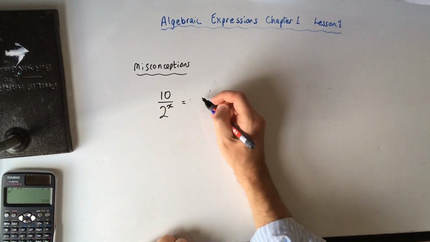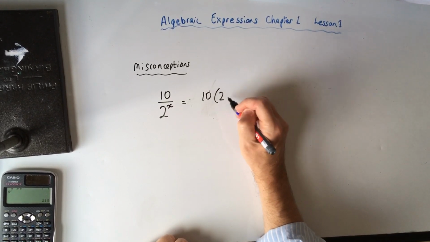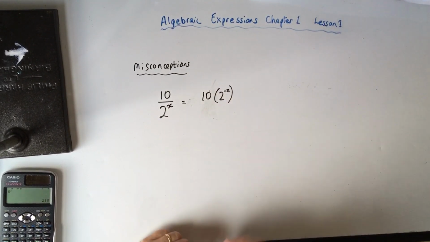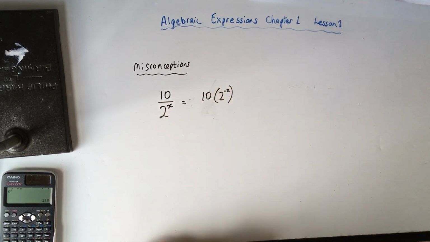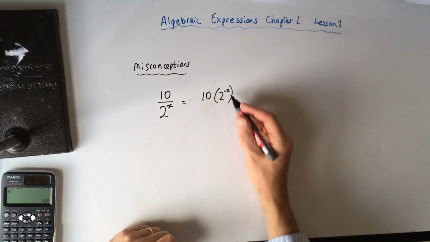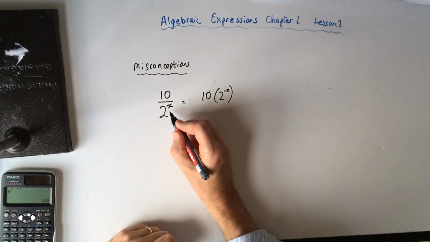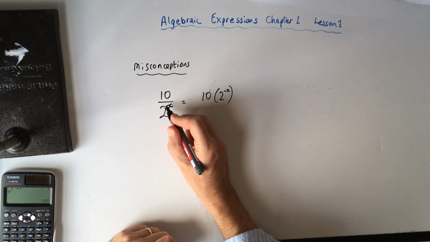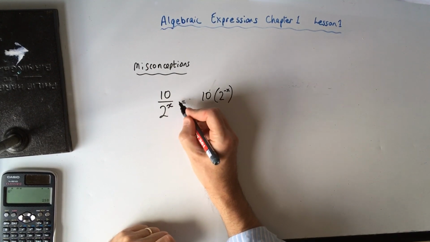You can move it up if you want, but then you'd have to write it as 10 times all of this, 2 to the power of minus x. And again, if the letters confuse you, think of it as: if we move it up, it goes from being a positive to the minus 1.